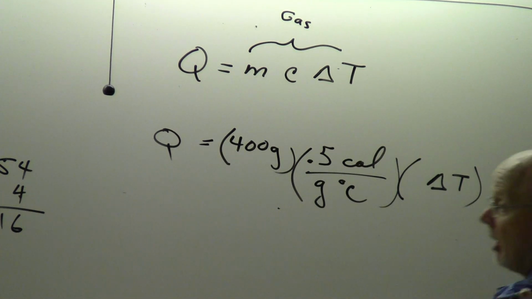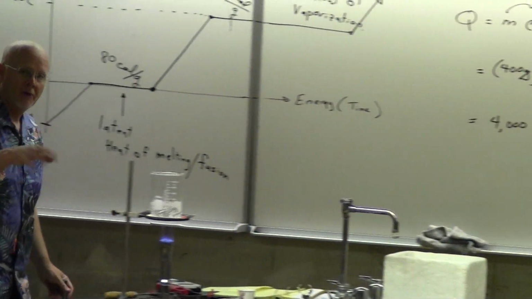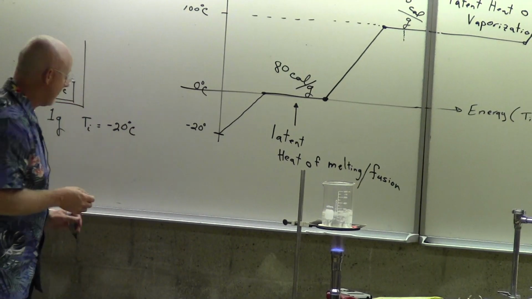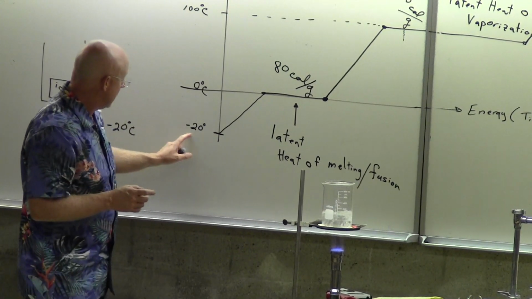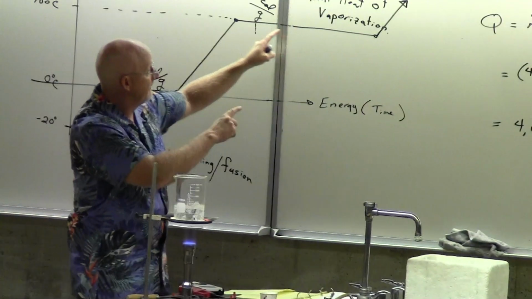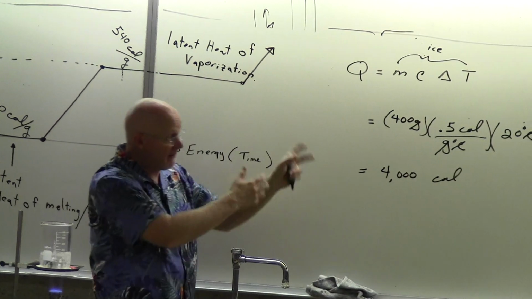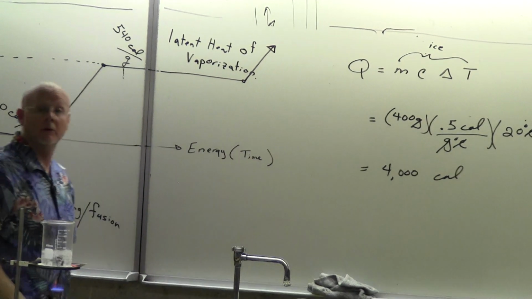And then if I added them all together, I eventually would have the answer to how much total energy it takes to go from the solid state of an ice at negative 20 degrees, and then if I go all the way up to the vapor state, I would have to add them all together.